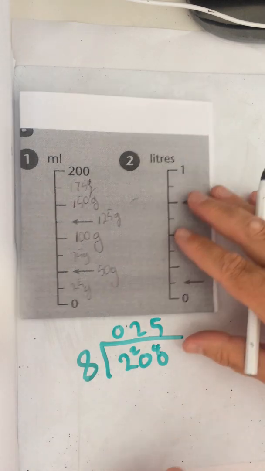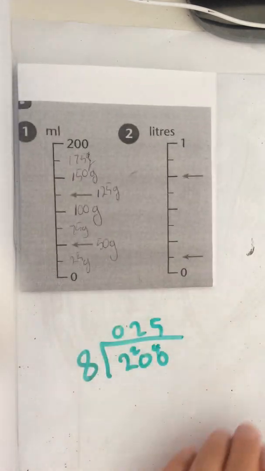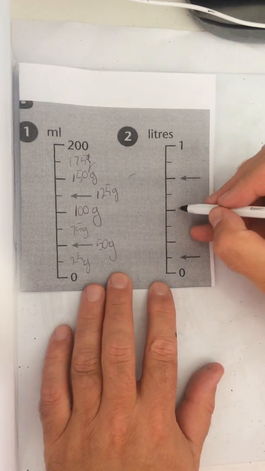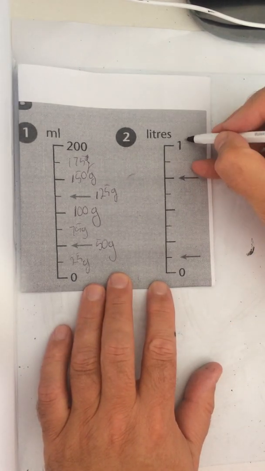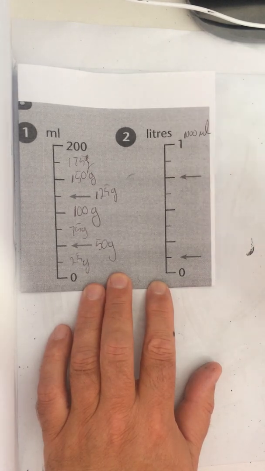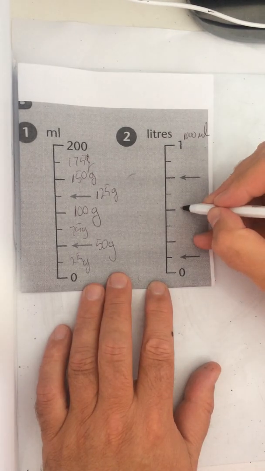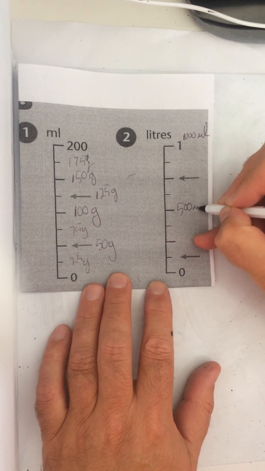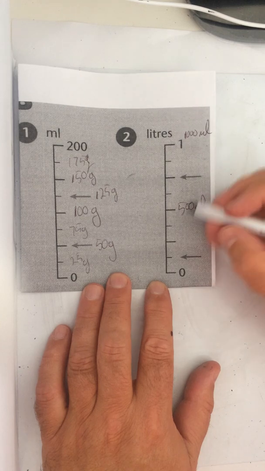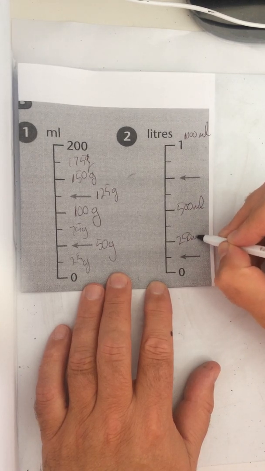Okay. Let's have a look at this next one. Again, 0 to 1 litre. So I know straight away, I think it's probably worth me putting these into 1,000 milliliters. Okay, 1,000 milliliters. So this is going to be 500 milliliters. Halfway between 0 and 500 is 250 milliliters.